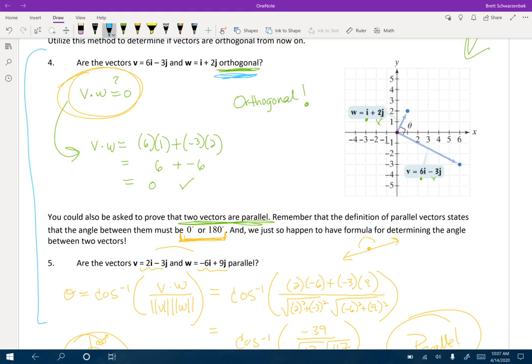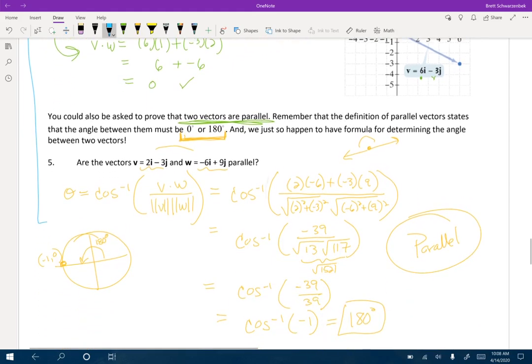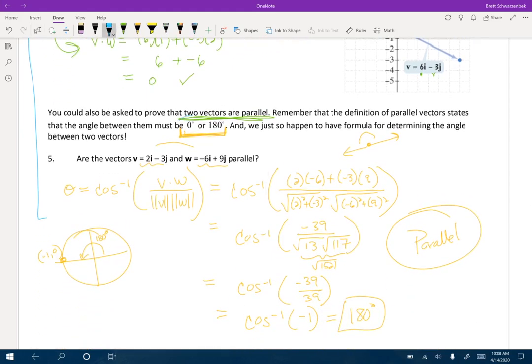If you are asked to do that, the best strategy is to always check for orthogonality first. Why? Because the formula is super easy. If it is orthogonal, you're done and you say it is. But if it's not, you move on and you find the angle between them to verify whether it's 0 or 180. If it is, then it's parallel. If it's not, then it's neither.